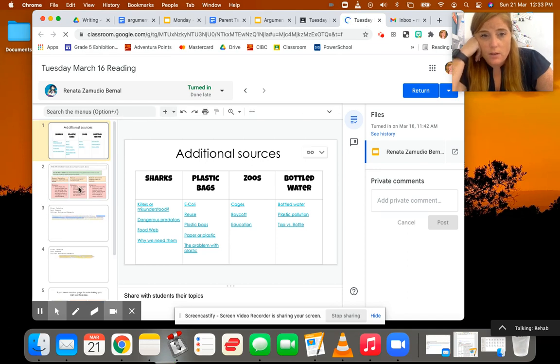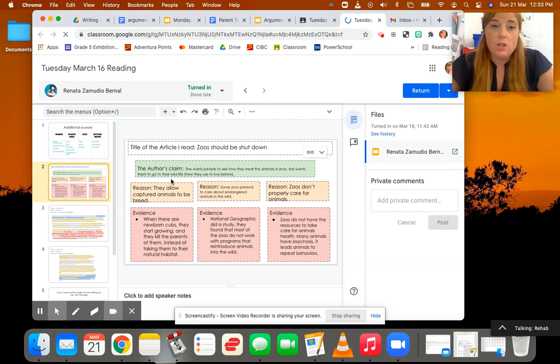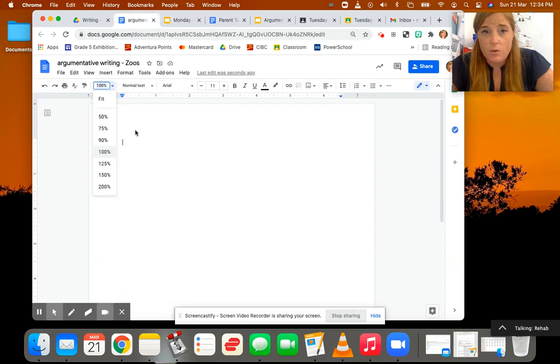Okay, so you will see Renata has already brainstormed some reasons and some evidence. Now, she has 3. I'm only asking that we choose 2. So from that list, you might have 3, you might have 6. Choose 2 reasons that have the most evidence. So one reason she might write about is this one. Zoos don't properly care for animals.